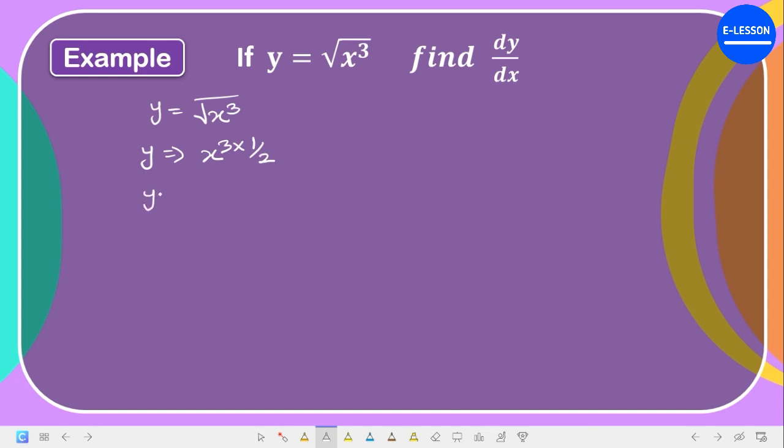And this will be y is equal to x, 3 times 1 is 3, then all over 2. Now dy dx would be equal to what? You use this 3 to multiply the coefficient here, of course, which is invisible 1.